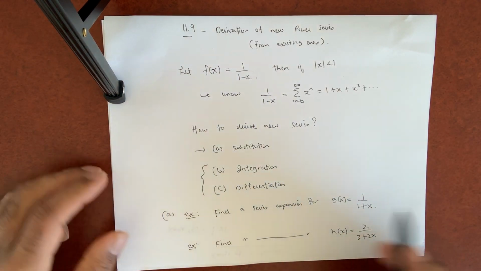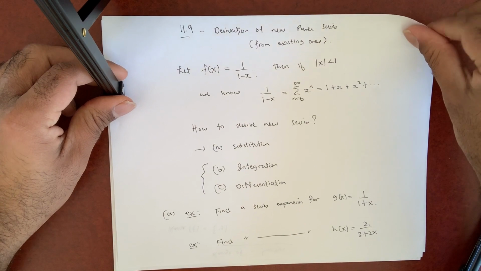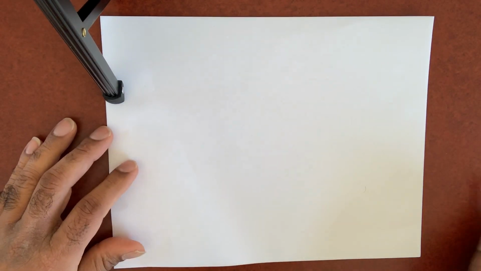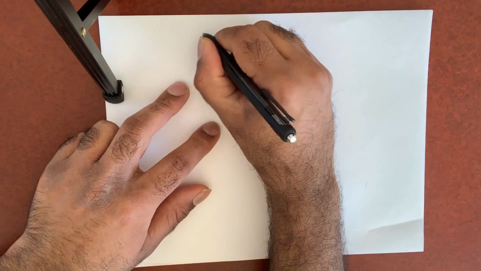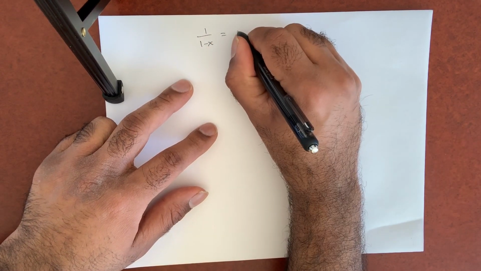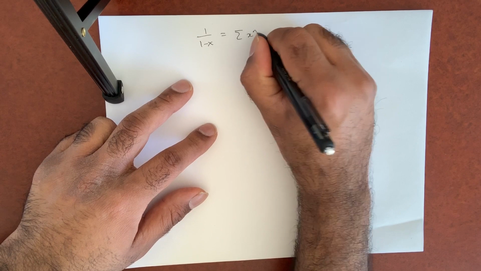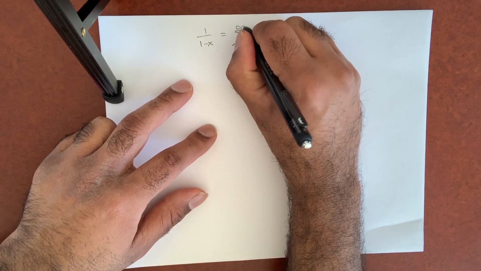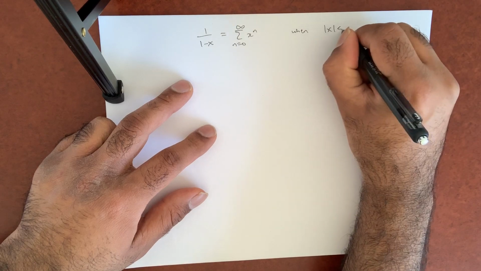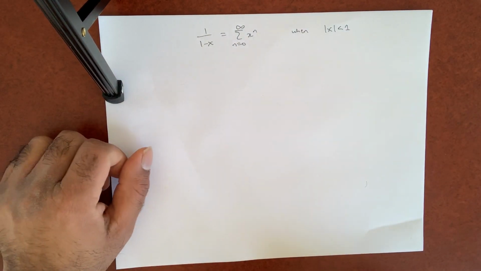Okay, so let's do these two, and we're going to do it again using this existing series that we already have. Okay, so we already know that 1 over 1 minus x is the summation of x to the n, n equals 0 to infinity, when x is less than 1 in absolute value.